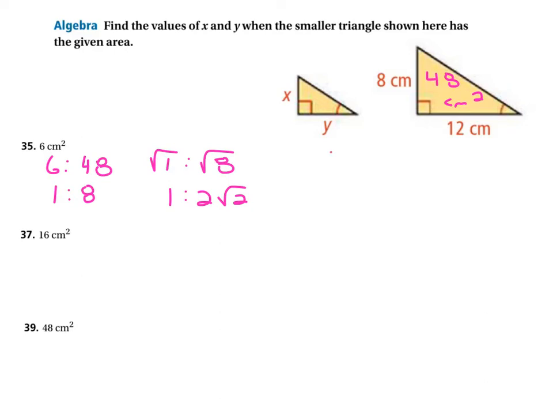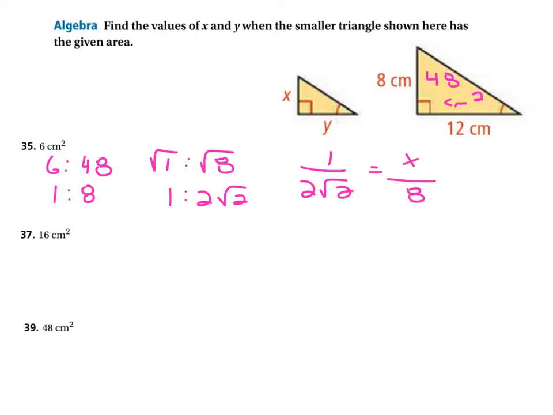Okay? And if that's the ratio of 1 to 2 root 2, and we have a side length of 8 for the big one, then we're basically saying 1 is to 2 root 2 as x is to 8.